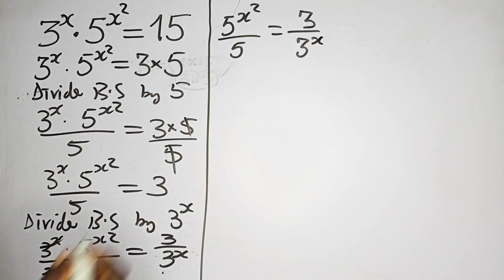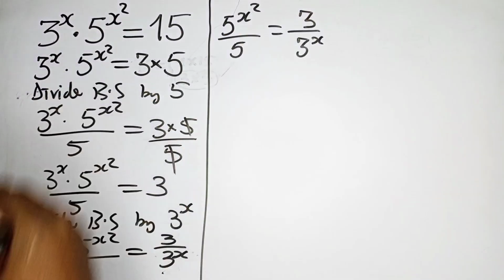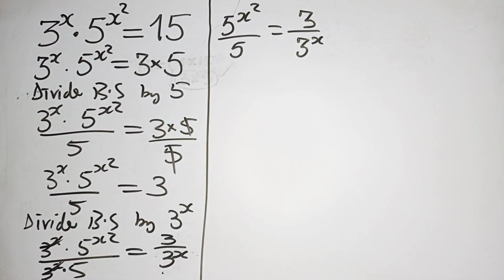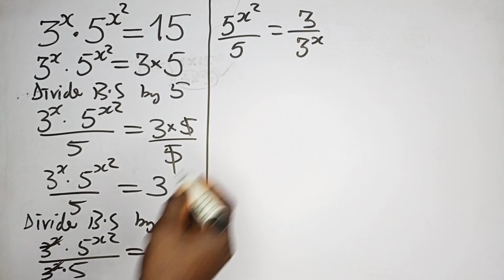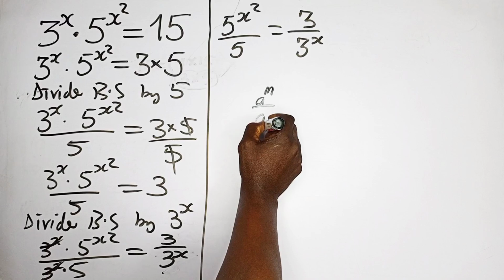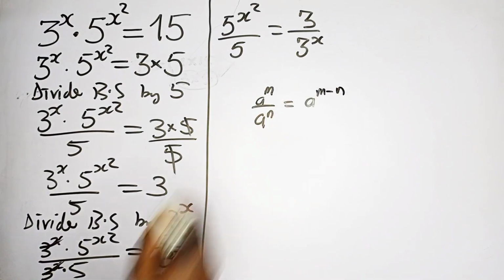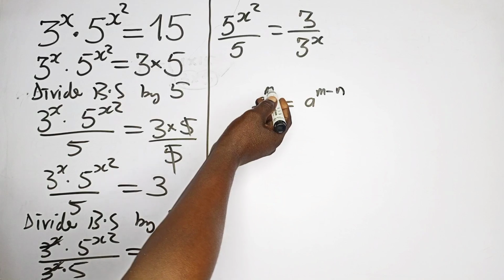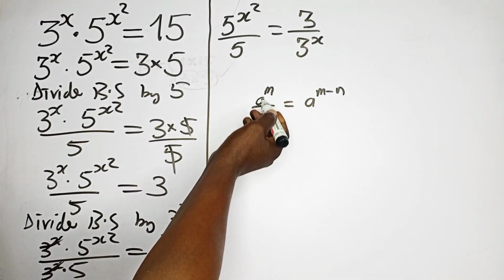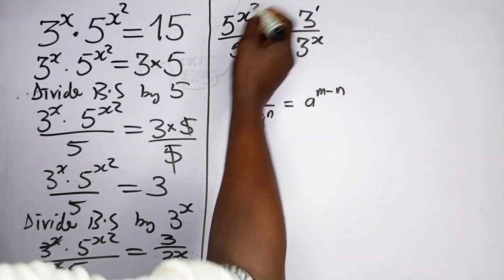Okay, so now we have the left hand side in terms of 5 and the right hand side in terms of 3. So we can easily write the expressions on both sides in index form. Remember, a to the m all over a to the n is the same as a to the m minus n: the power above minus the power below, since the bases are the same. 5 is the same as 5 to the power 1, and 3 is the same as 3 to the power 1.